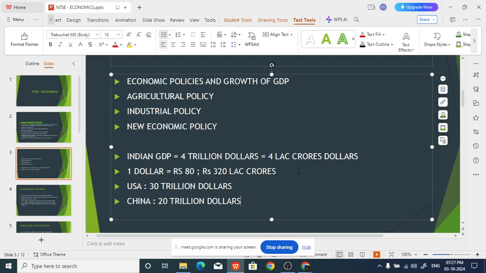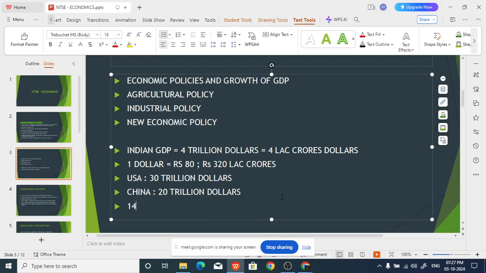So what is the ratio of the population of India to the population of the world? So 140 divided by 800. Tell me, students. 140 divided by 800. It's almost about 18%.